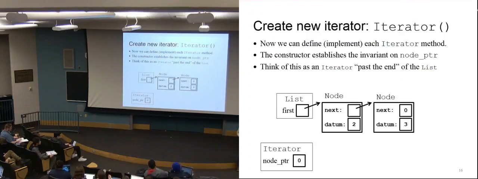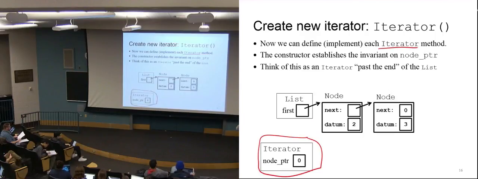So now we're going to implement the methods. We know what the pictures should look like. We know what points to what. Now let's implement them one at a time. We need a constructor for iterator, and we need to create an iterator that is a default value. This is a design decision that all the standard template library containers obey, and that is that a default iterator points one past the end.